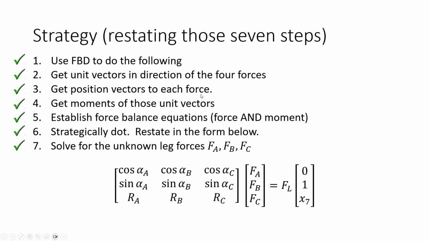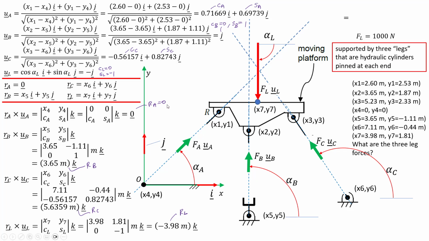So we've finished all 7 steps of our process for this example. Let's recap it. First thing we did is a free body diagram. The second thing we did is we got our unit vectors for our forces, and after I numerically determined them, I labeled them as CA, SA, CB, SB, and so forth.